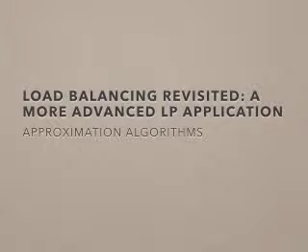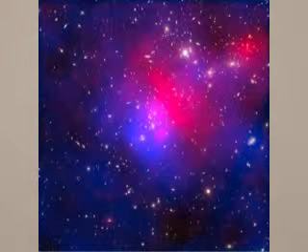Using J_i, which is a subset of J, to denote the jobs assigned to a machine i in M in a feasible assignment, and using L_i, which is equal to the sum of t_j, summing over all j in J_i, to denote the resulting load, we seek to minimize the maximum of L_i, where the maximum is taken over all indices i. This is the definition of the generalized load balancing problem.